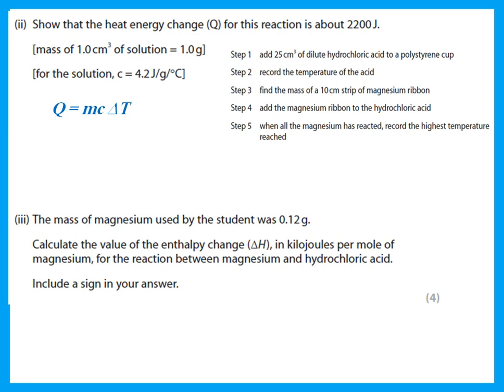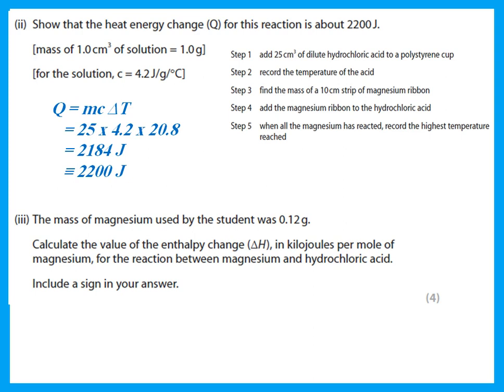M is the mass of the solution, and we said the mass of the solution is the same as its volume. So M is the 25 from 25 centimeter cubed of the acid, times C is a constant number, 4.2, times the change in temperature that we got from the previous table, that is 20.8. So Q is something in joules.